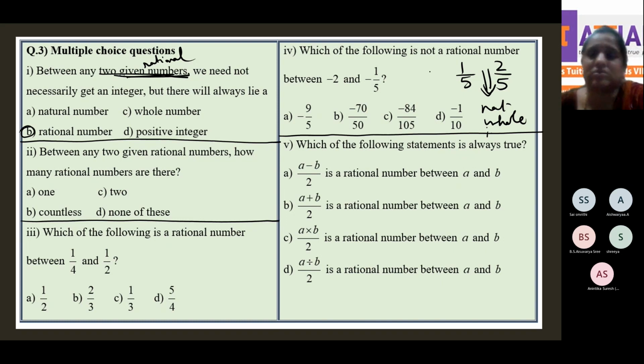Between 1 by 5 and 2 by 5, there is no natural number, no whole number, no positive integer, but there is definitely a rational number. So B, rational number.